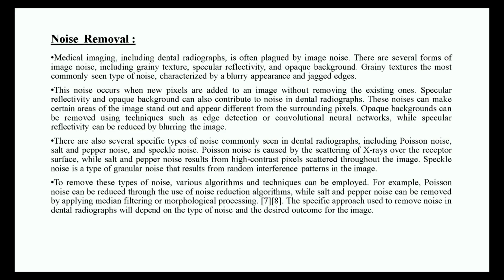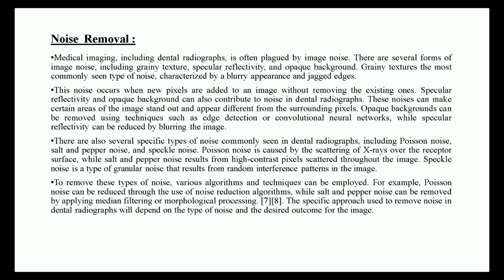Noise removal. Medical imaging, including dental radiographs, is often plagued by image noise. There are several forms of image noise like grainy texture, specular reflectivity, opaque background, etc. Grainy texture is the most commonly seen type of noise, characterized by a blurry appearance and jagged edges.